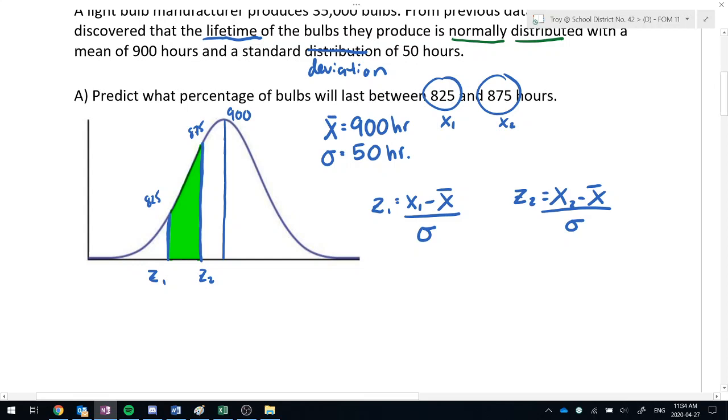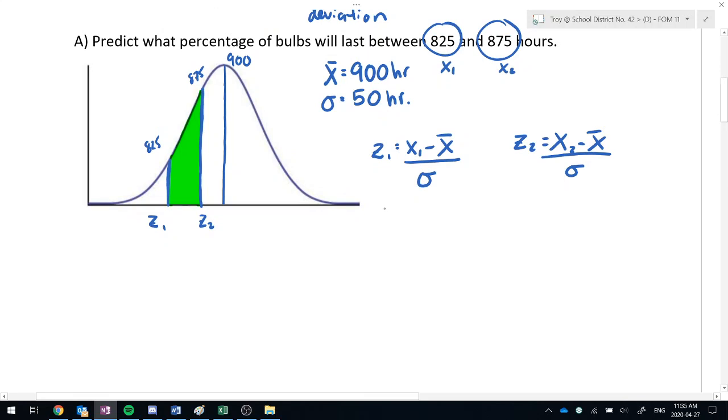Okay, so we want to find the z-score of x1 and x2 so we can use the z-score table to find this area. All right, so we'll come down here, make our substitutions. This is going to be 825 minus 900 divided by 50. This is going to be 875 minus 900 divided by 50. Of course, both of these numbers are going to be negative.